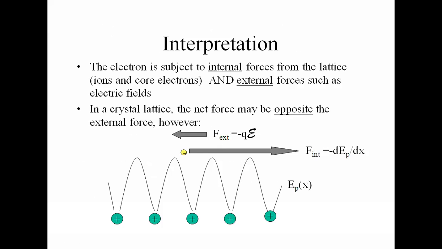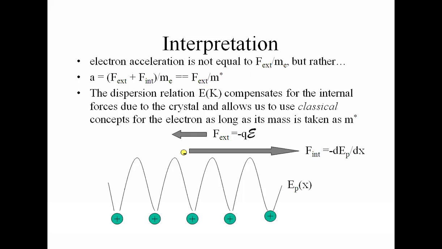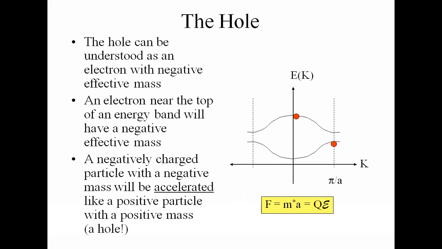The electron is subjected to internal force from the lattice ions like a core electron, and external force such as an electric field, which makes the electron move in a crystal lattice, so that it gets the effective mass. So the hole can be understood as an electron with negative effective mass. What is a hole?